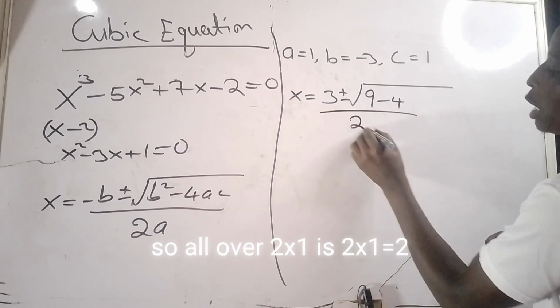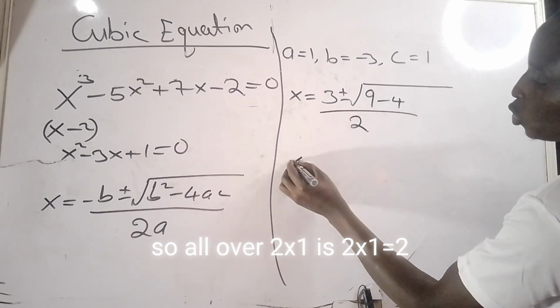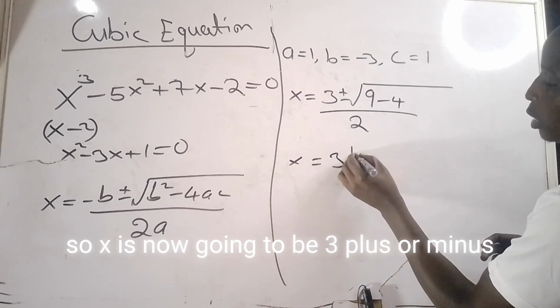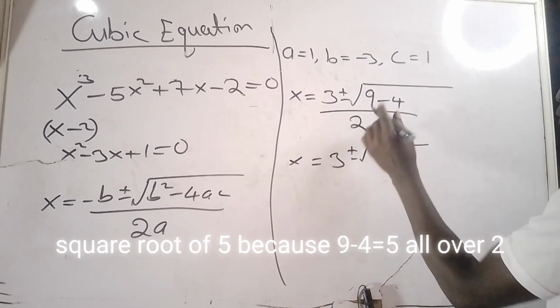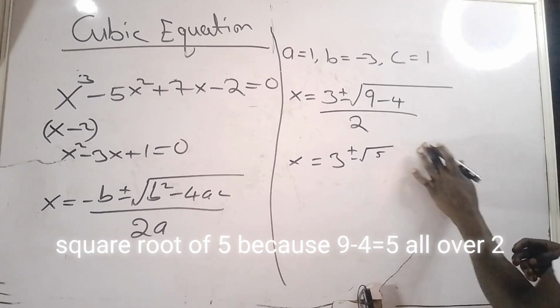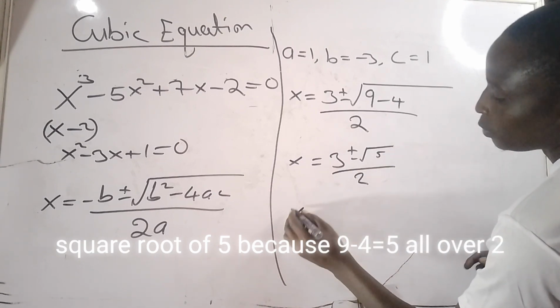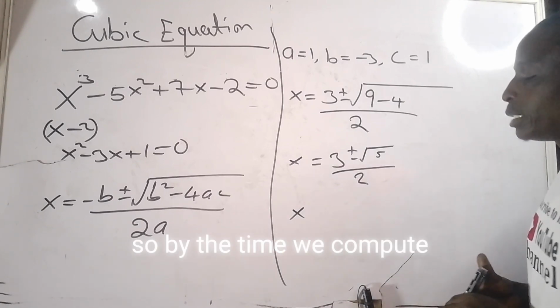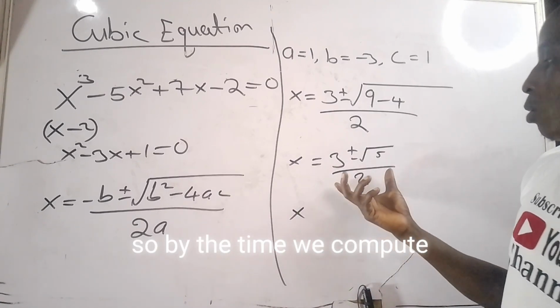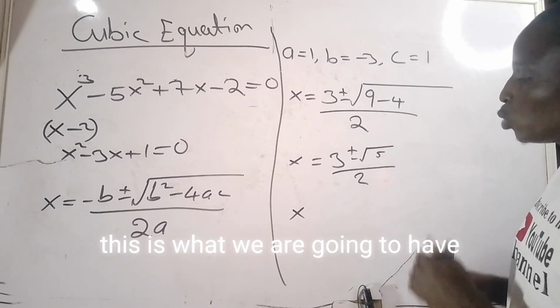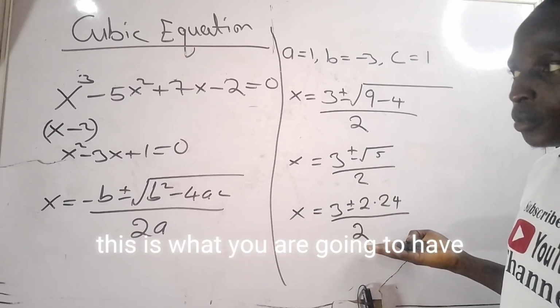So all over 2 times a, which is 2 times 1 is 2. So x is now going to be 3 plus or minus square root of 5, because 9 minus 4 is 5, all over 2. So by the time we compute the square root of 5, this is what we are going to have.